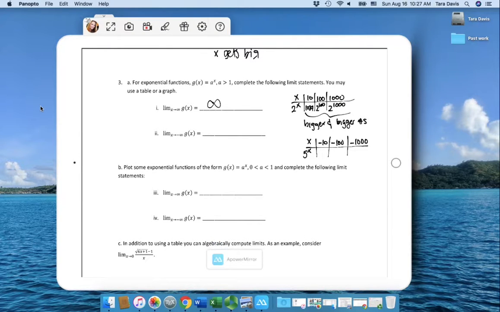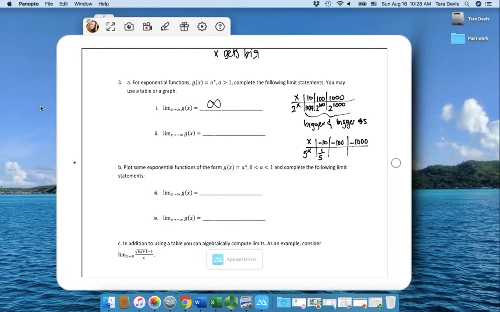Okay, so I take 5 to the power of negative 10 on my calculator, and I get already 1.024 e to the minus 7.